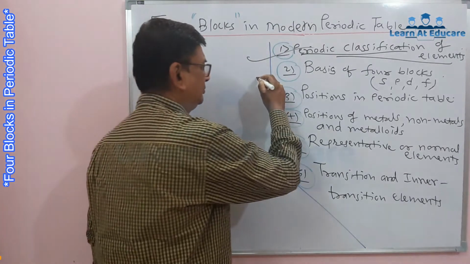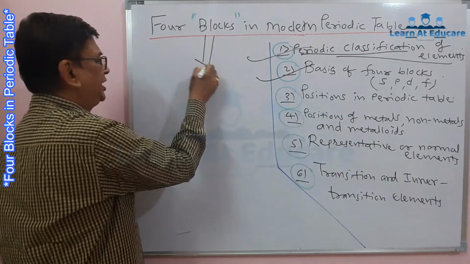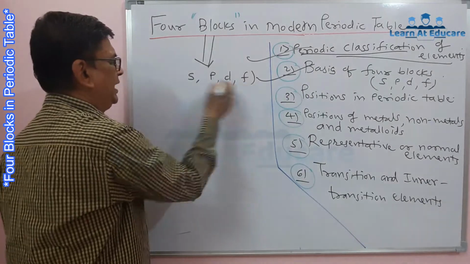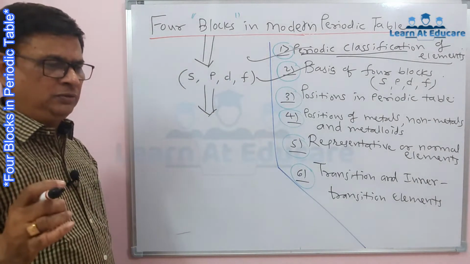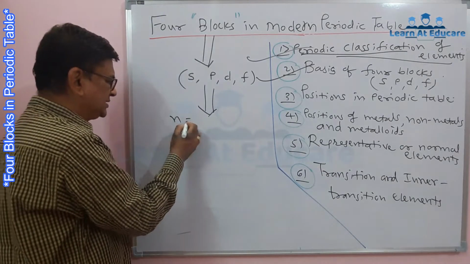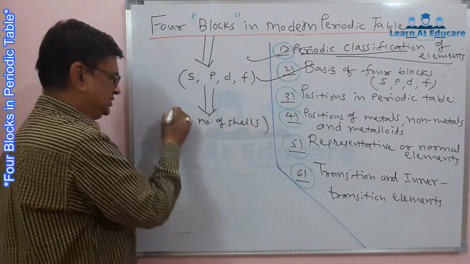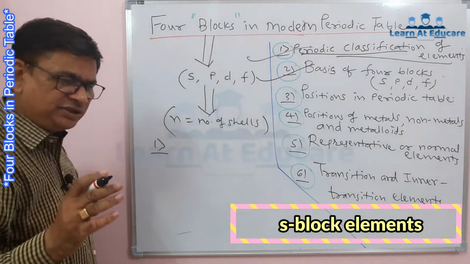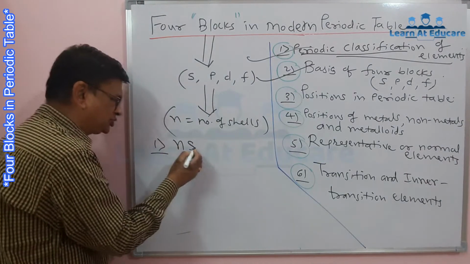Now what is the basis of those 4 blocks in the modern periodic table? They are considered as S block, P block, D block and F block. We'll take it one by one to know which elements are considered in S block. Suppose n is the total number of shells in any element, then for the S block element, the last electron enters in the s orbital of the outermost shell.